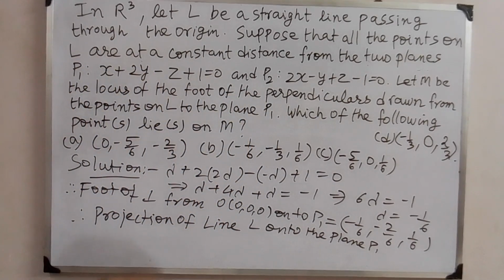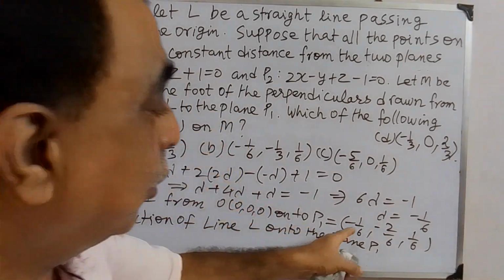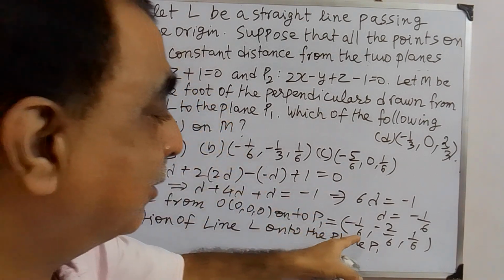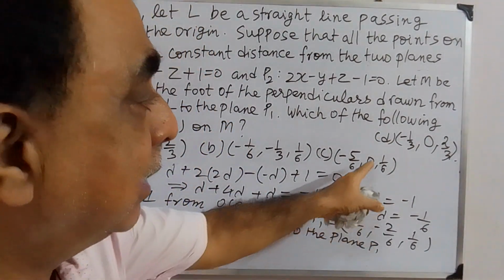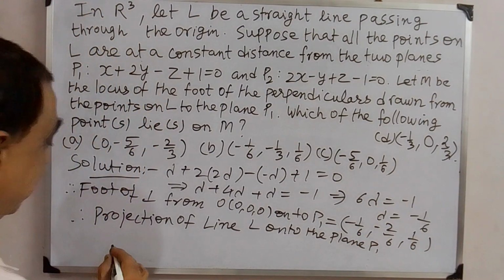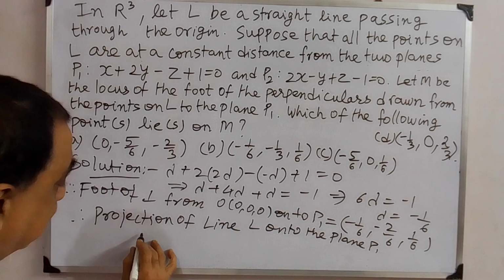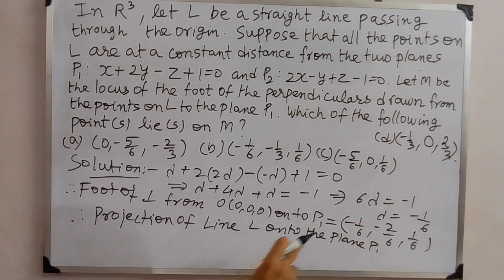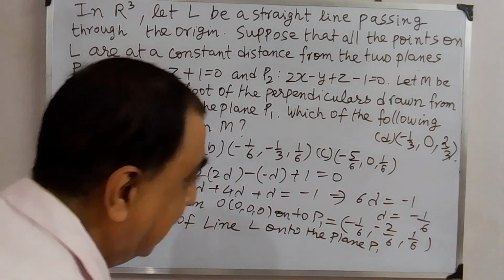What was the coordinate of the origin in L? The same point in the plane is this. So the projection of L will be, in place of origin we will put this coordinate, but the direction ratios of L will be the same.